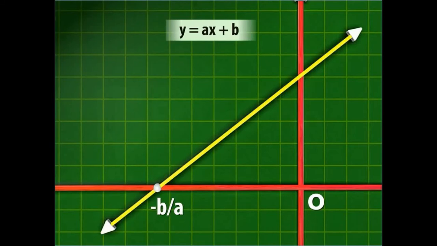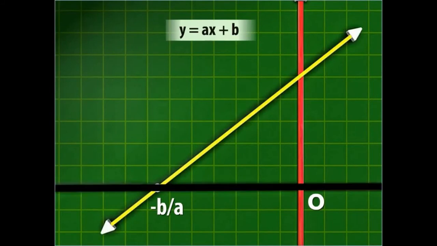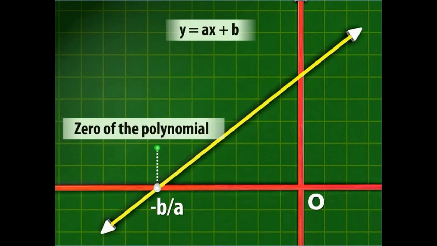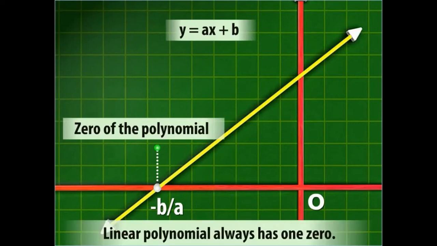The x-coordinate of the point at which the graph of the polynomial intersects the x-axis is called its zero. Thus, a linear polynomial has one zero.